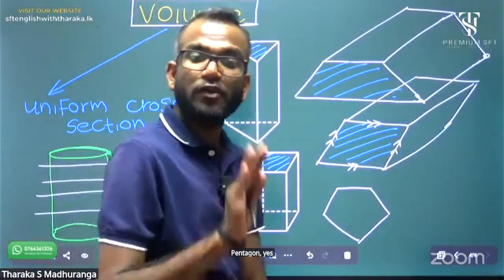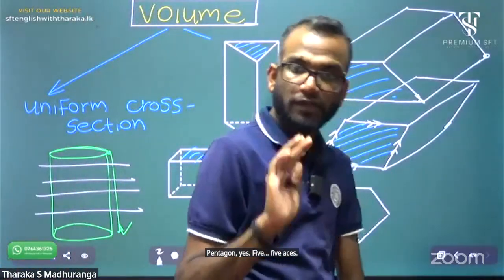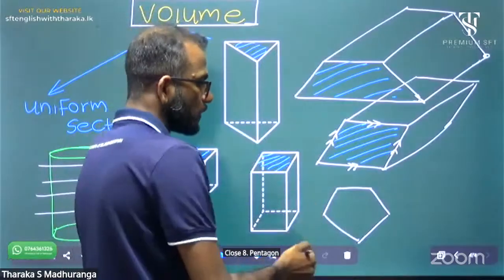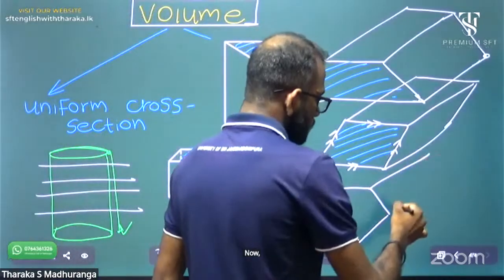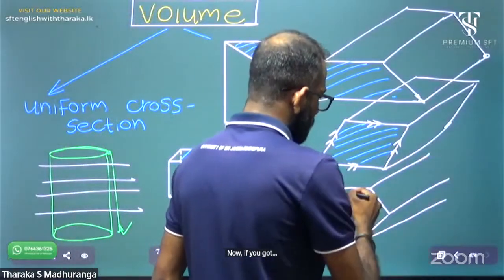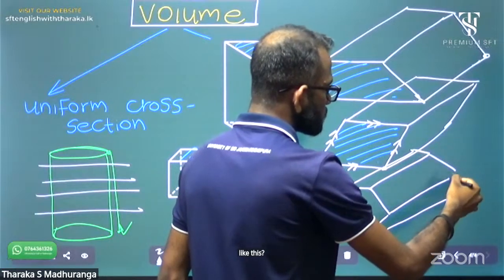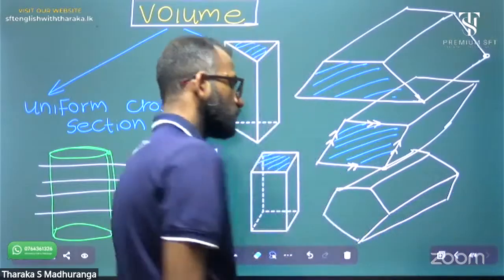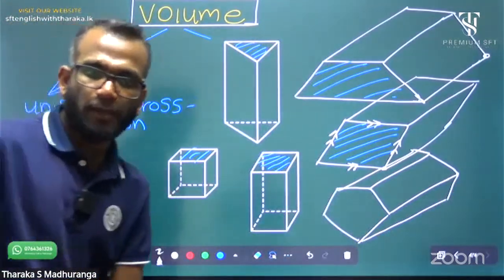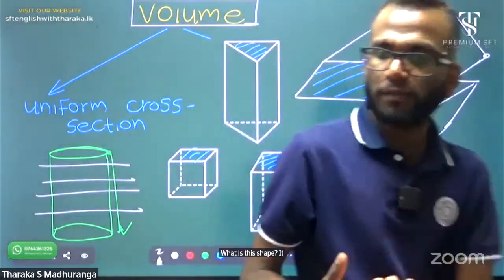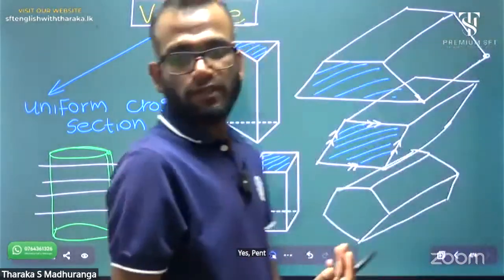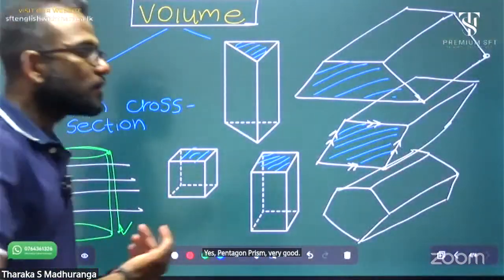Pentagon, yes. Five faces, 5 sides. Now if you got one like this, what is this shape? It's a solid object now. Yes, pentagon prism, very good.